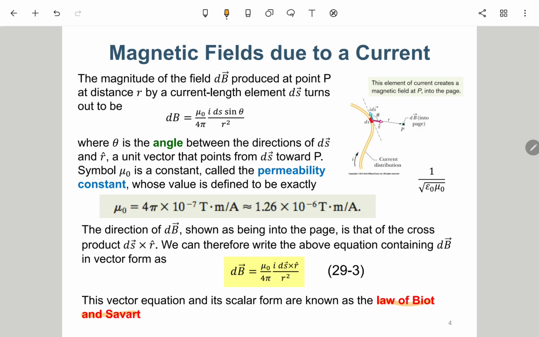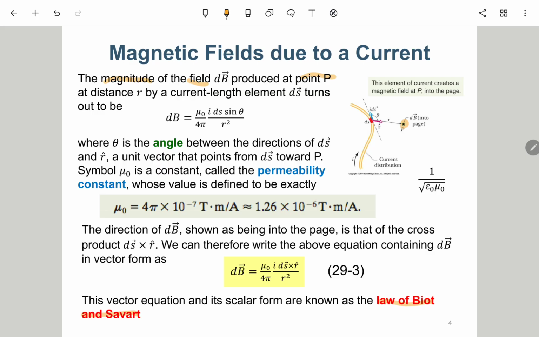What it says is the magnitude of the B field produced at point P. This point is what we are concerned with.